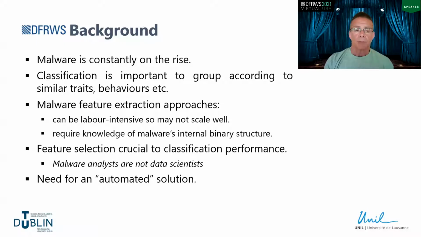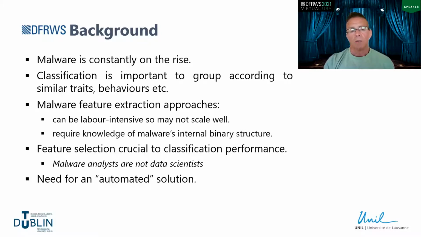On top of that, then, feature selection, which is, once we've gathered or extracted the features, we also need to be able to select the correct features for classification. Because if we select incorrect features, then the classifier will learn incorrect traits that will throw off its predictive capabilities. The problem is, by and large, malware analysts are not data scientists, and so the selection of the correct feature sets can be quite challenging.